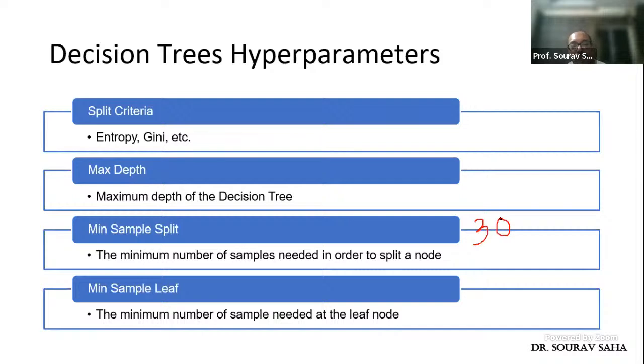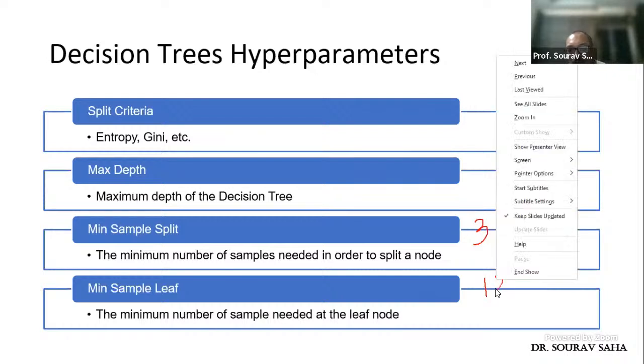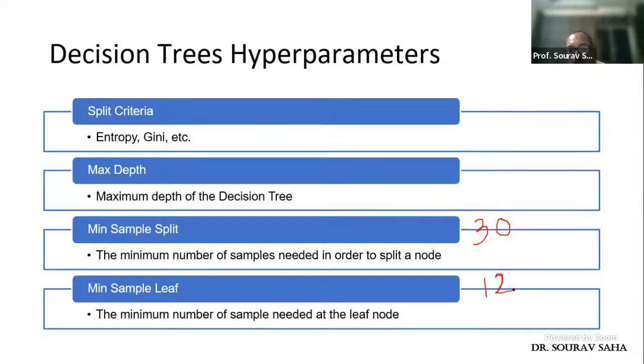What will happen is that if there are 30 or more records, then this particular node will get split. But let's say, for example, here the minimum sample leaf you have given as 12, which means that each and every node should have a minimum of 12 records or more present, right? If it's less than 12, then that particular split, whatever has happened, will be invalid.